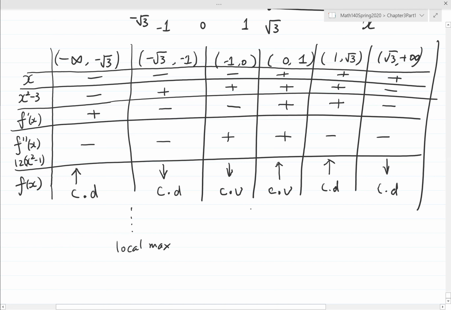Here we have decreasing, then increasing, so we have a local min. And then here increasing, decreasing, so here we have a local max.